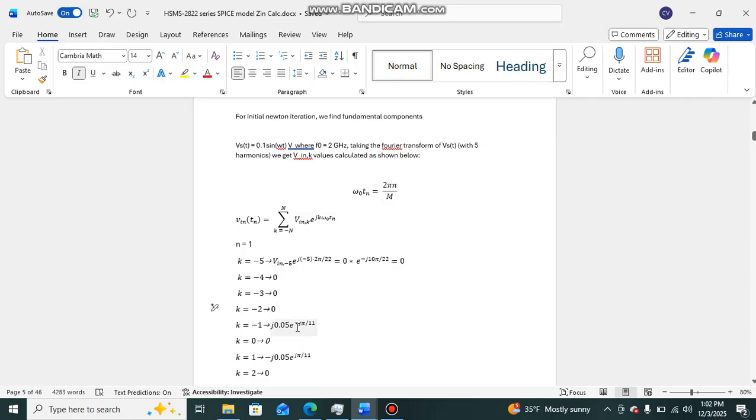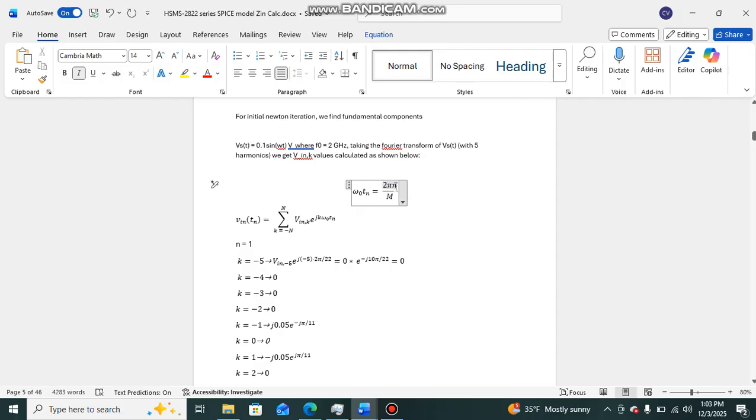So we'll do one together here. At n is equal to 1, which is the second sample, instead of having to put in the time number, because those are so huge, we don't want to do that all the time, it would be easier to express omega naught Tn as equal to 2 pi n over m.